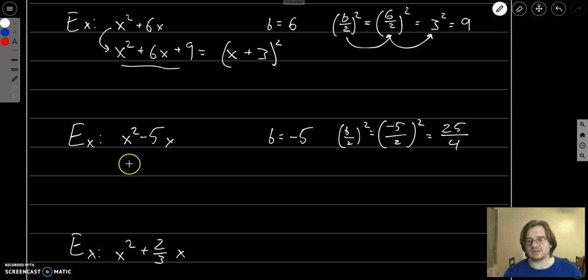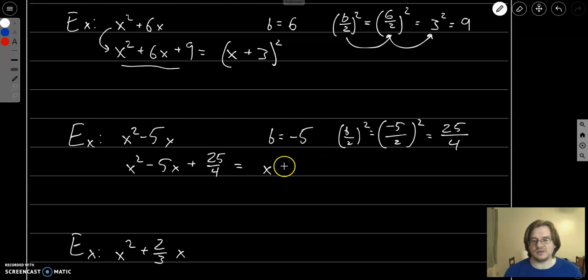So when I complete the square, I'm going to take my original expression, add my b over 2 squared, and ultimately this will factor perfectly into x plus b over 2. So here's b.